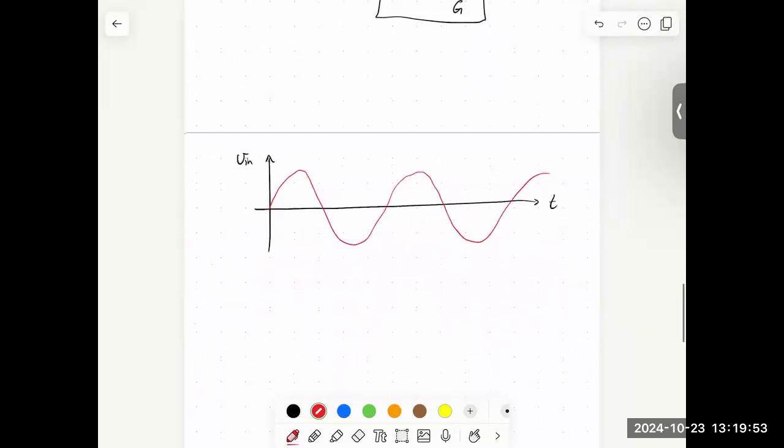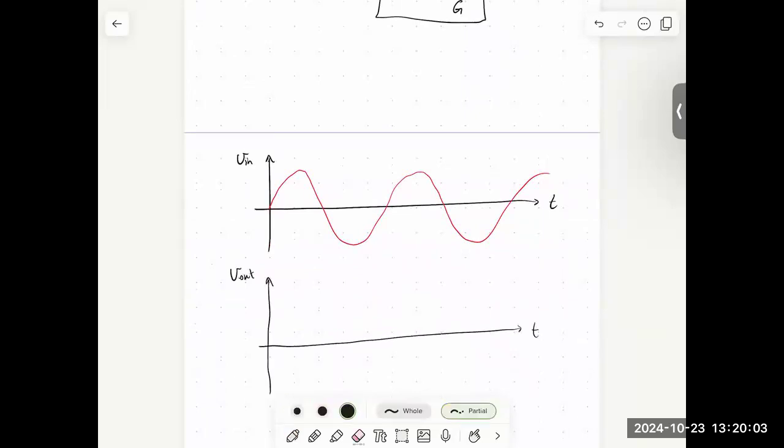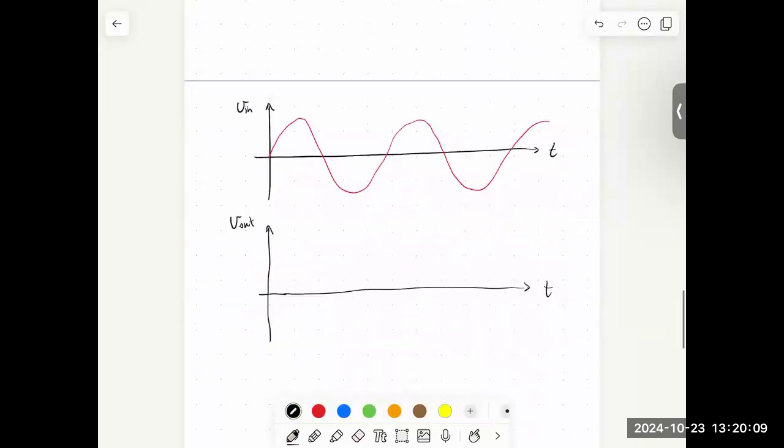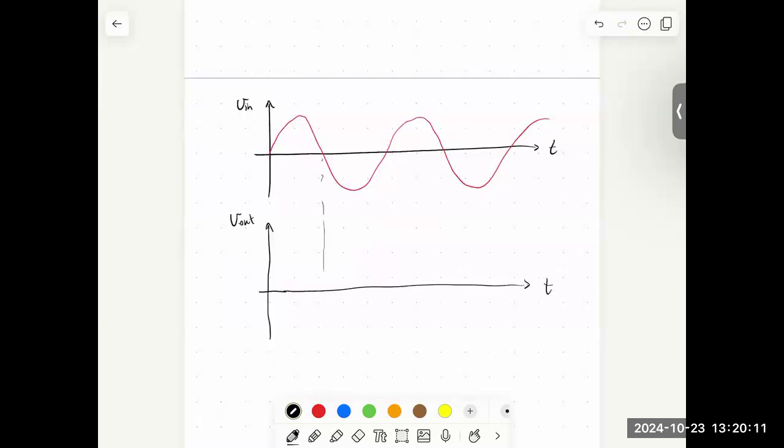And then I'm going to draw V out below that. So V out is going to be a scaled version of the input, like so. Let me indicate the zero crossings. When the input is zero, I expect the output to still be zero. So I'll have some points here.